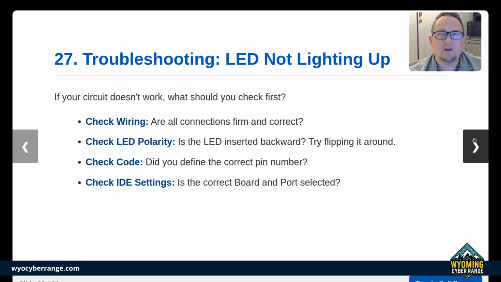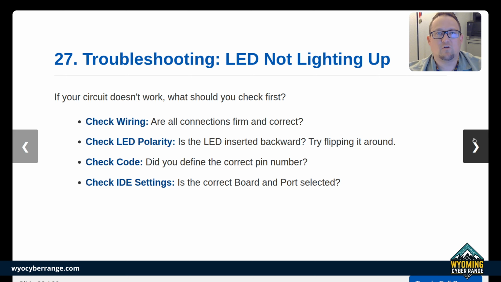Now, if your LED is not lighting up, make sure that you check all the wiring in your circuit. Make sure your LED is facing the correct way. If it's backwards, it just won't work. Try flipping it around. Check your code. Did you make sure you plug the wire into the right pin number? On the board, you'll notice there's a number next to each pin.